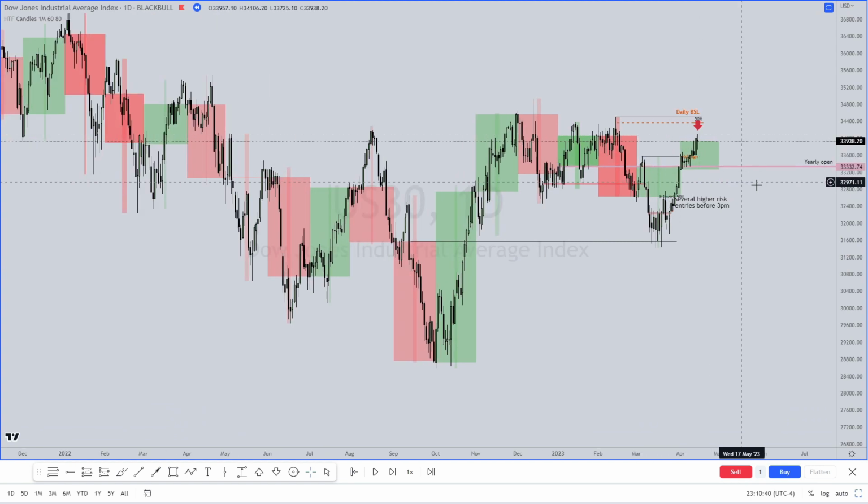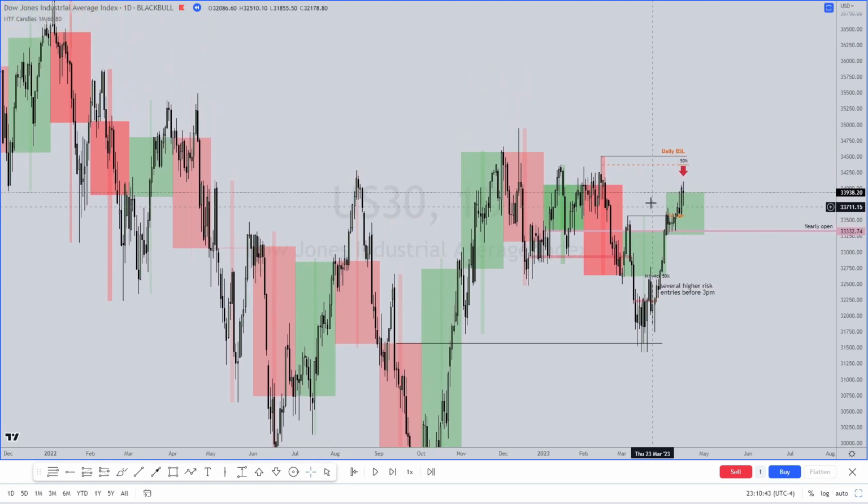And then as price is moving away, we're looking for buy side targets to the upside. So now that we've got that out of the way, understanding that our bias on a higher time frame is bullish, we'll go down into the hourly.